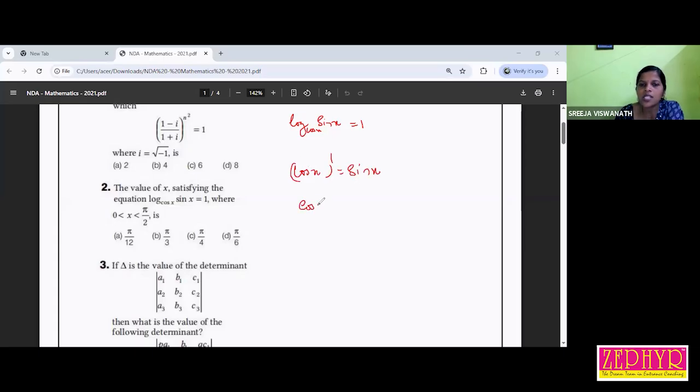That means cos x is equal to sin x. x lies in between 0 and pi by 2. We know that only 45 degrees satisfies it. That means option C. Or you can solve by sin x by cos x is equal to 1, tan x equal to 1. That also implies x is equal to pi by 4.